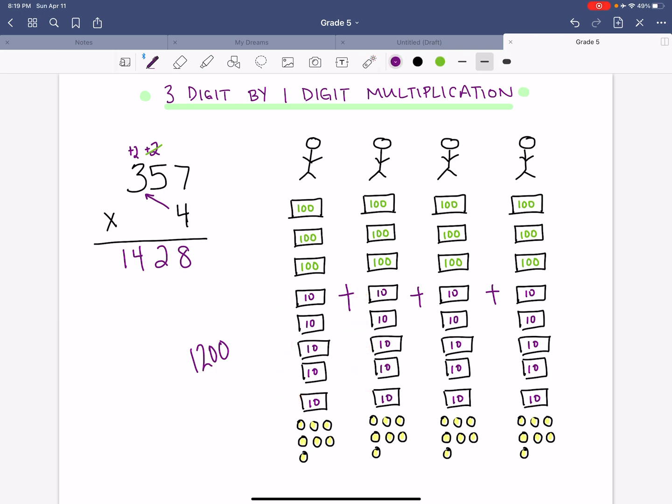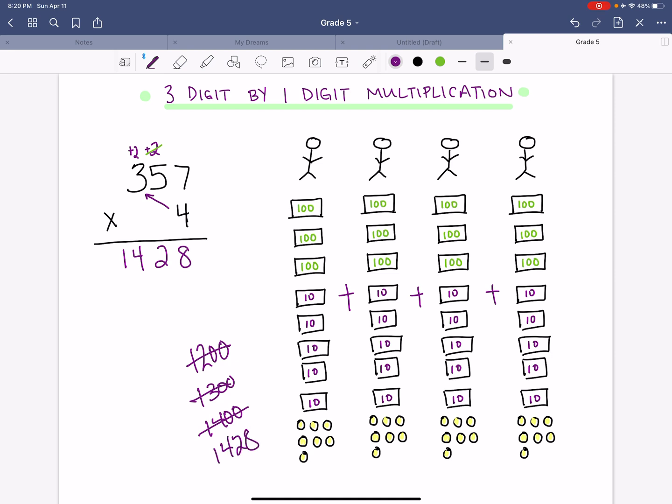So that makes this 1,300. 10, 20, 30, 40, 50, 60, 70, 80, 90, 200. So that would make that 1,400. And now I'm going to hit up some ones here. So I've got 7, 14, 21, 28. So that would make this 1,428. So I did it correctly.